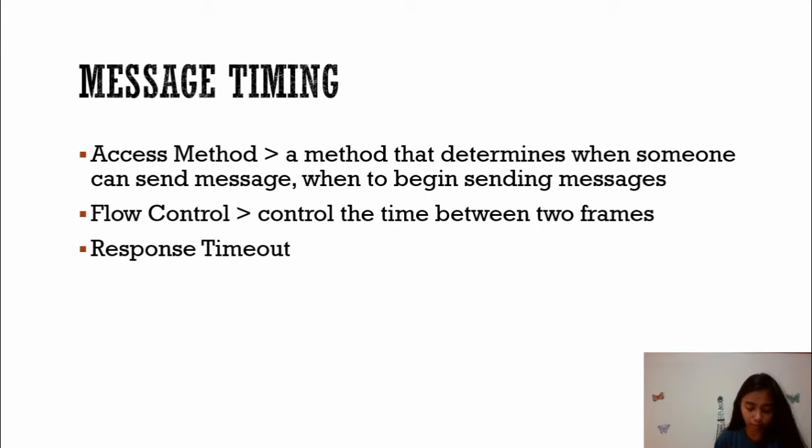So we have here the response timeout. For example, if a person asks a question and does not hear a response within the acceptable amount of time, the person assumes that no answer is coming and reacts accordingly.